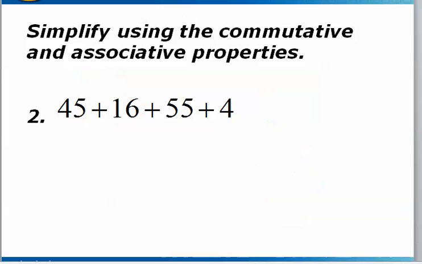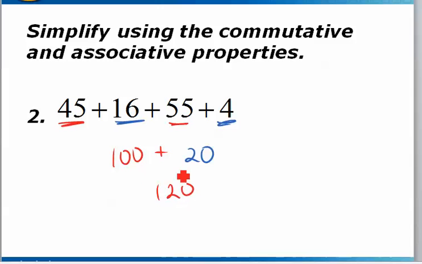The second one, what I'm going to look for is combinations of things that can be added together very quickly. I notice that 16 and 4 give me 20. And I also notice that 45 and 55 gives me 100. That's easier to come up with my answer of 120 than to add each one separately.